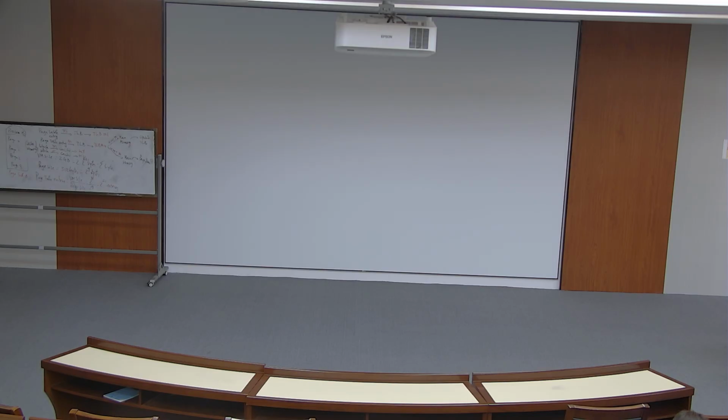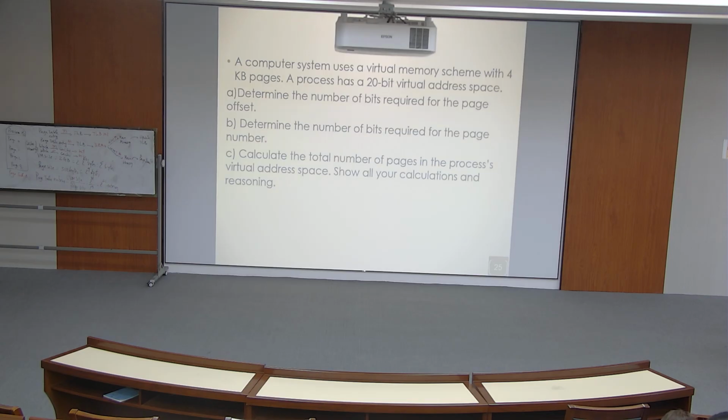We have a computer system with virtual memory with 4 KB pages, and each process has a 20-bit virtual address space. We first need to determine the number of bits required for the page number.